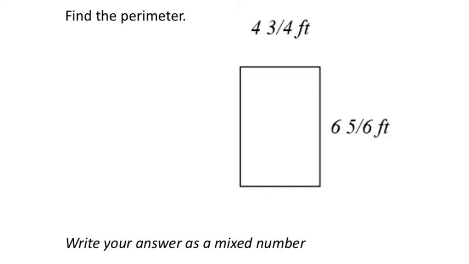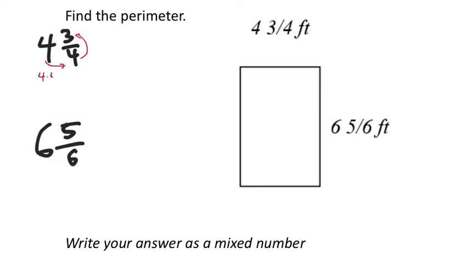Now, I like to see all four side lengths, but like I said, I'm just going to first change these two values into improper fractions, all right? So let's start with the 4 3/4 feet, and then we'll do the 6 5/6. Change it into an improper fraction. So starting with 4 3/4 again, like we've seen before, we use the cycle method to change this into an improper fraction, right?